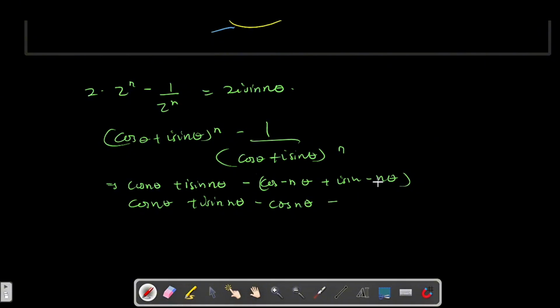Then minus, here becomes plus, because minus i sine n theta. So cos and cos go, and you're left with 2i sine n theta. As simple as that. So this is one typical application of Moivre's theorem.